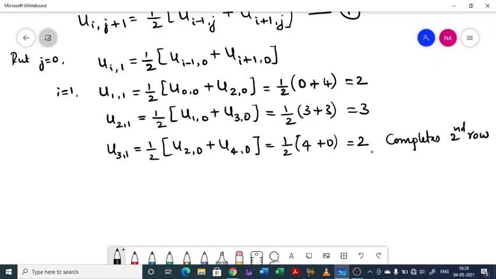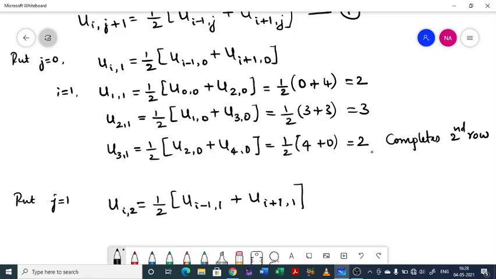Next, again from equation 1, put j equal to 1. If you fix j equal to 1, the formula becomes u(i,2) equal to 1/2 times (u(i-1,2) plus, okay, j plus 1, yes, it is not 2, it is 1, u(i+1,1)).